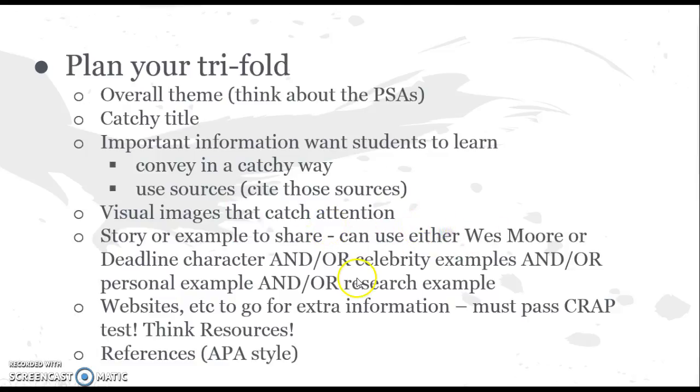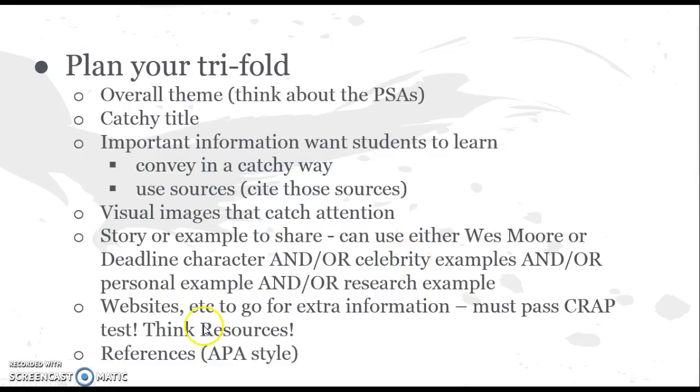You could use either Wes Moore or a Deadline character, and or a celebrity example, and or a personal example, and or a research example. So any of those stories or examples that you find in research, that you found in Wes Moore, that you found in Deadline, or that you know about in current communities or environments in which you are engaged, you can use any of those stories if they're relevant and meaningful.